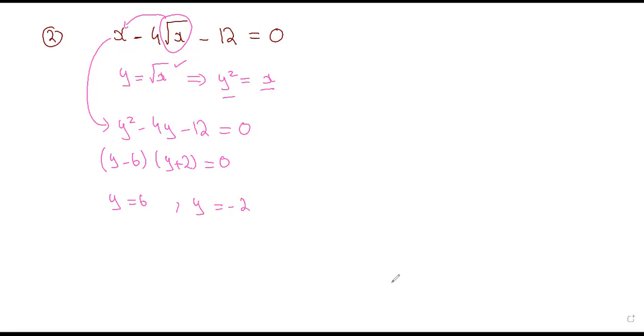Now the question was not about y. The question was about x. Always remember, if the examiner is telling you to solve this equation, he wants you to find the values of x, not y. So now we are going to use our substitution again. We know that y is equal to root x. This means that x would be equal to y squared.